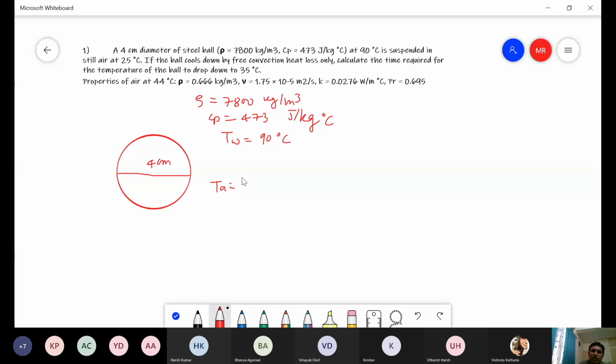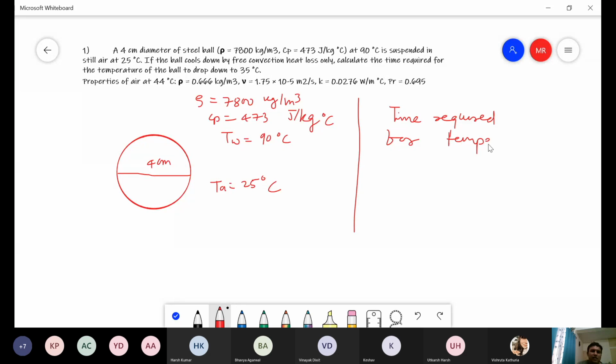What is being asked: there is air surrounding this steel ball. What is being asked is the time required for the temperature to drop down to 35 degrees Celsius.